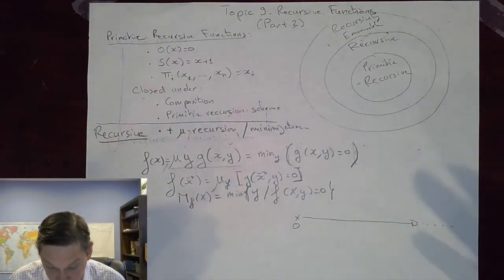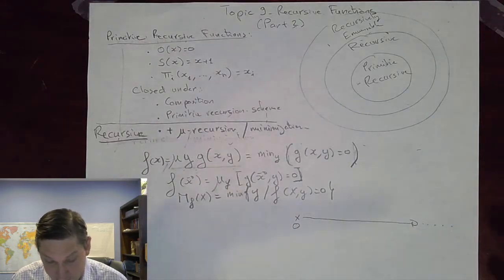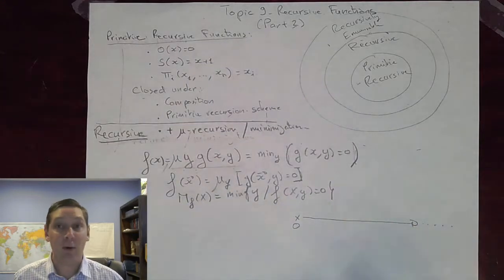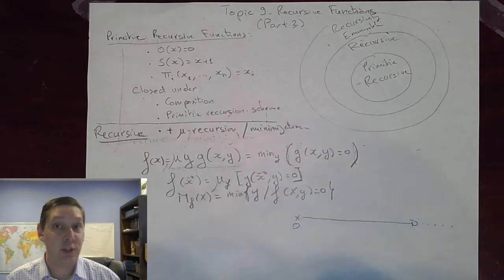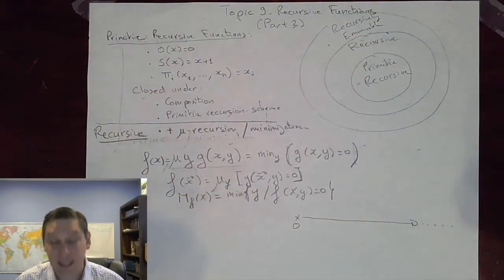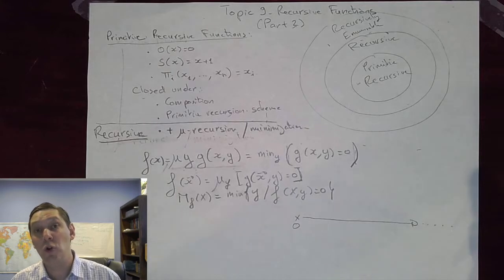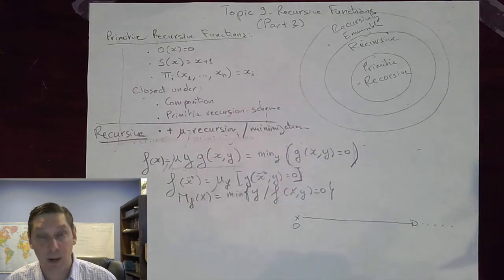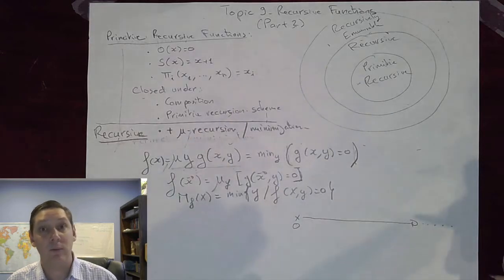Now, what is missing here in terms of expressive power, or computational power, of primitive recursive functions, is a capacity to know where it stops working, where it starts going wrong, right? Or where it starts going right.